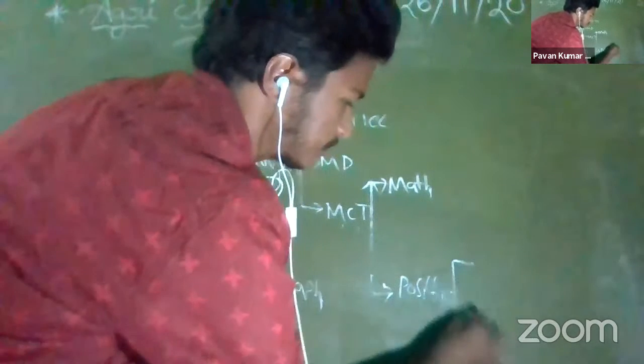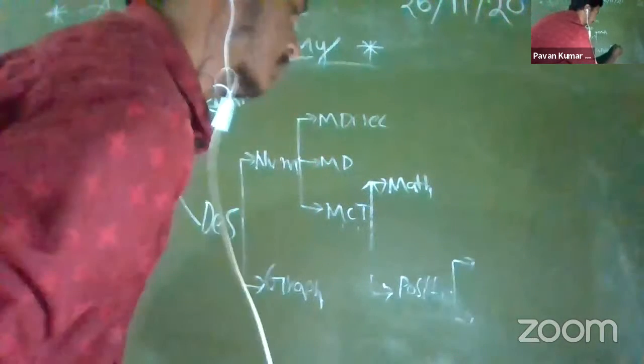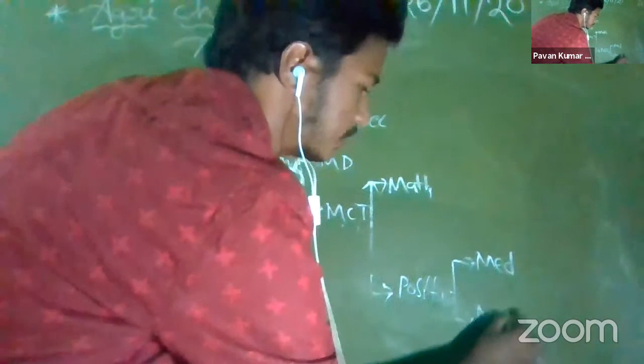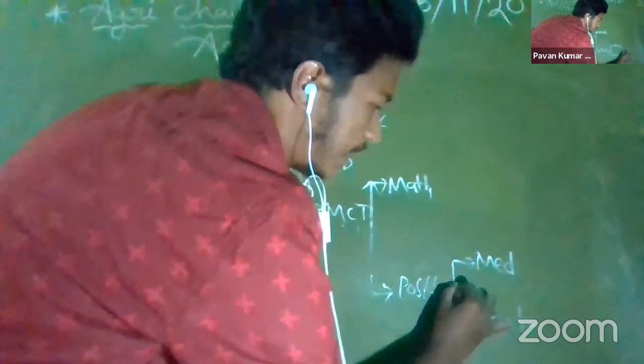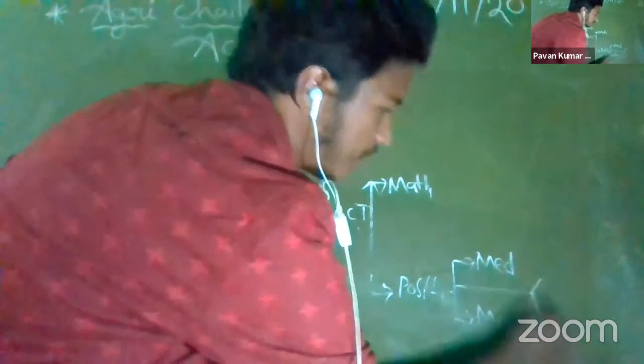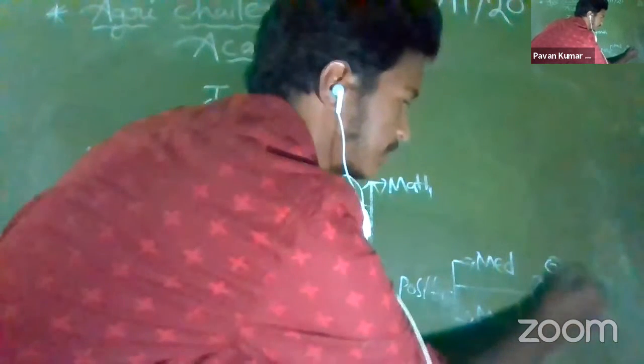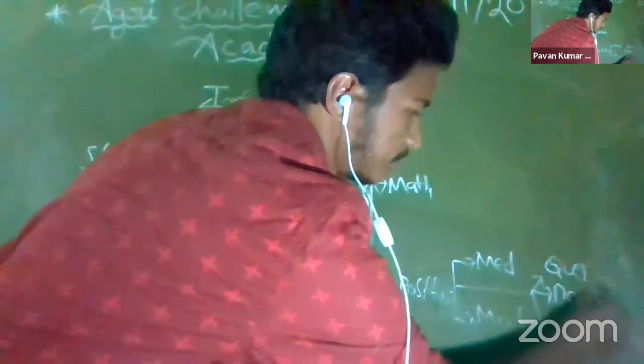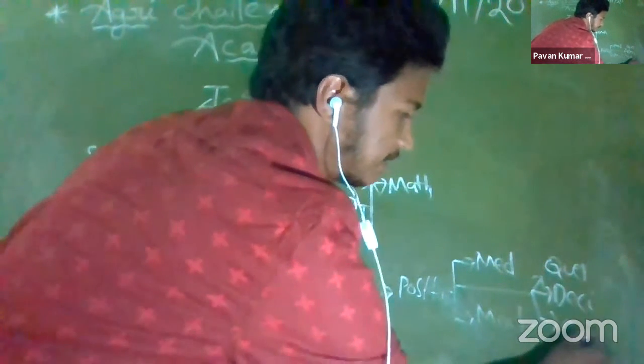Positional is divided into median, mode, and there are also some more topics: quartiles, deciles, percentiles.